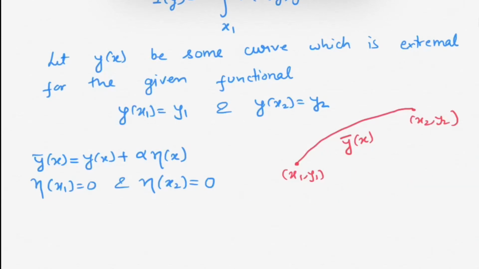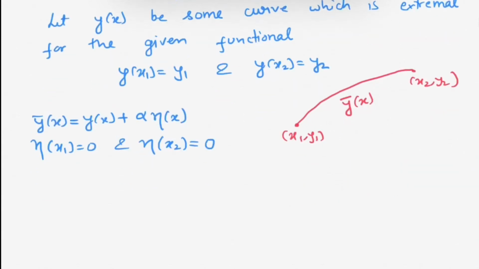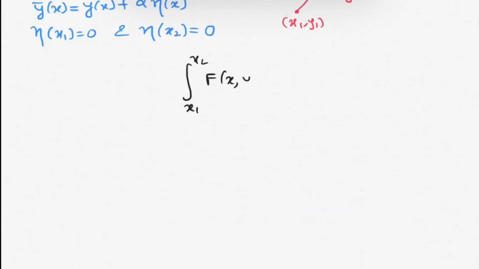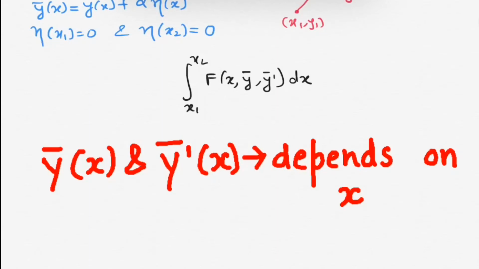Now finding the extremal for the functional integration x1 to x2 f of x, y bar, y bar prime dx. Here y bar depends on x and y bar prime also depends on x.